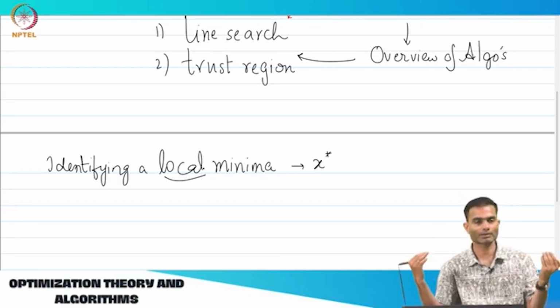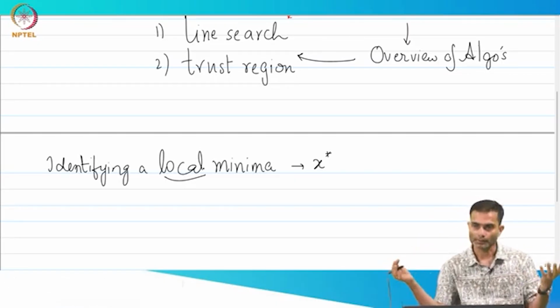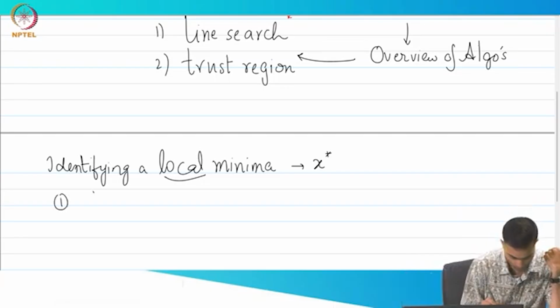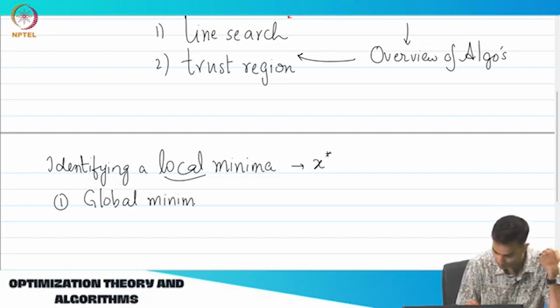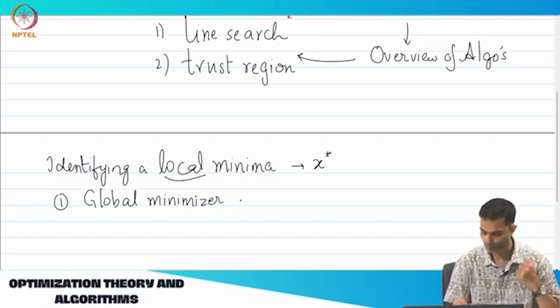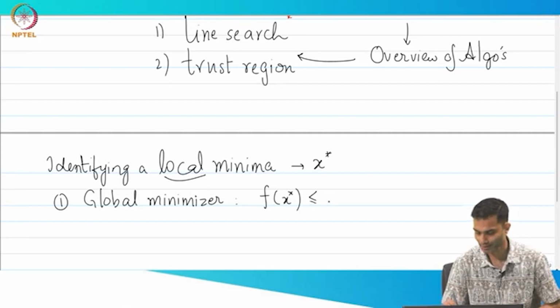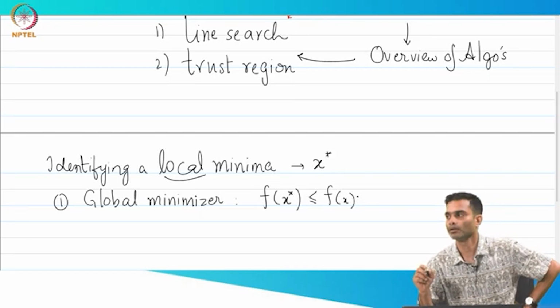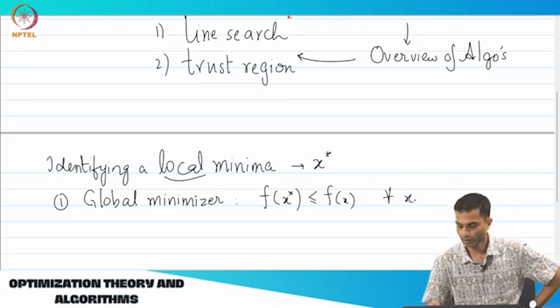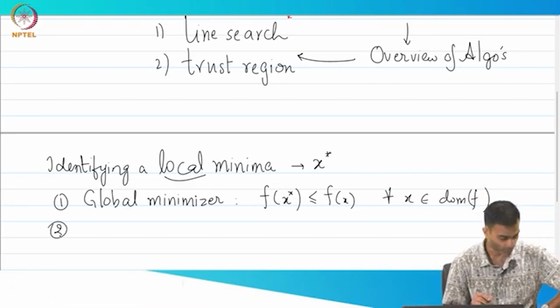So the hierarchies are local minima, and the best of all minimas, what would you call it? Global minima, right? So the global minimizer obviously f of x star is less than equal to f of x, right? And what should I say about x? For all x in the domain of f.